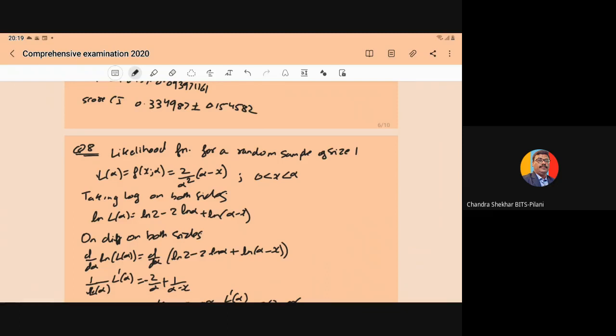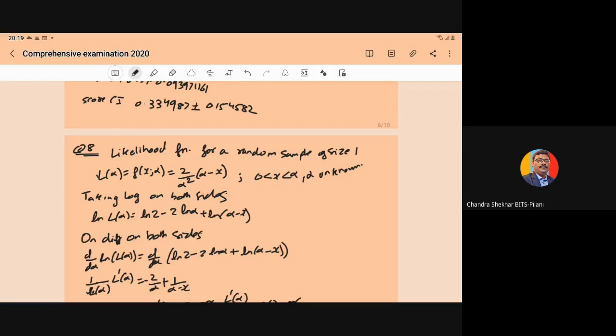Alpha is unknown here, that you have to estimate. So we take the natural log on both sides. So ln of L alpha is equal to ln 2 minus 2 ln of alpha plus ln of alpha minus x.